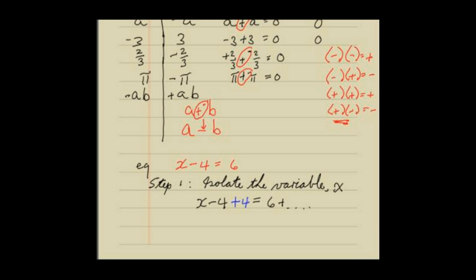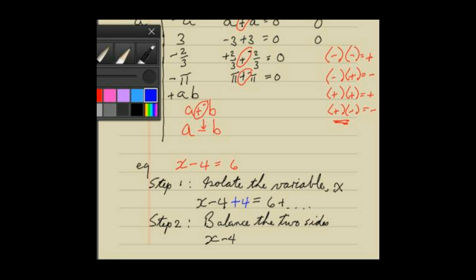Step 2, balance the two sides. So that will give us x minus 4 plus 4 is equal to 6 plus 4.